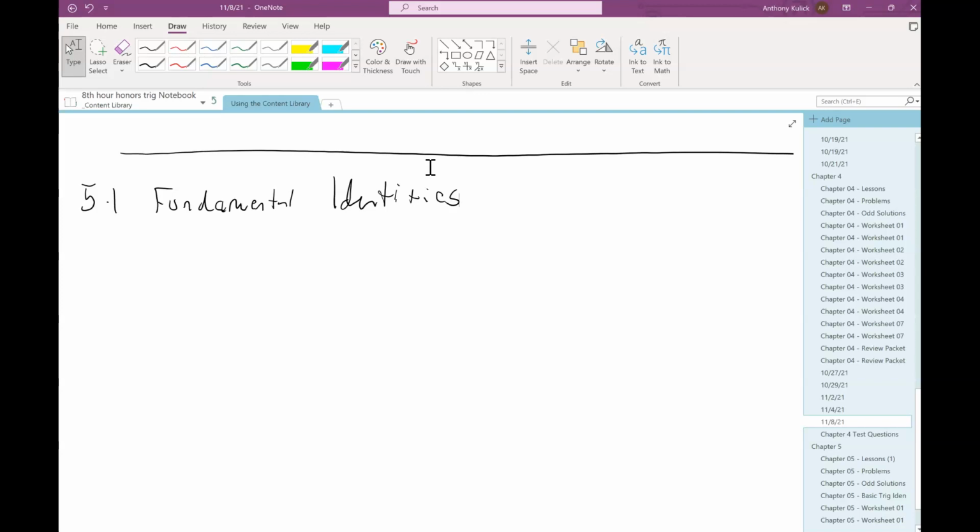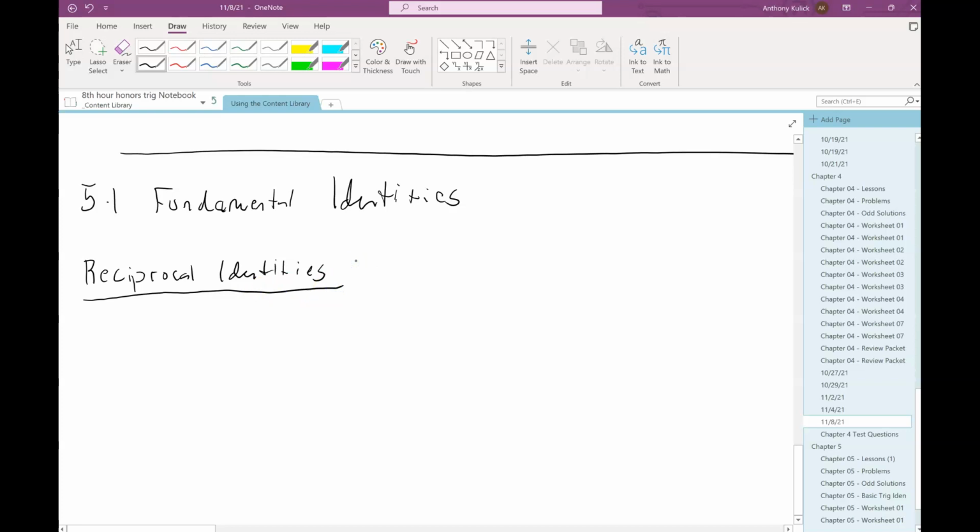So we're going to talk about a whole bunch of these different classes of identities today. We're going to start with ones that we already know. In fact, I would say all the identities today are things that we might have or already have observed, whether we knew it or not.